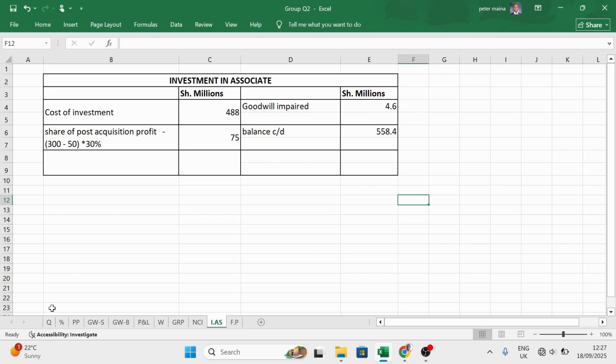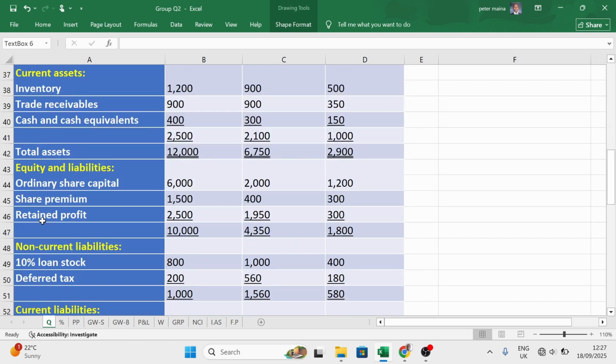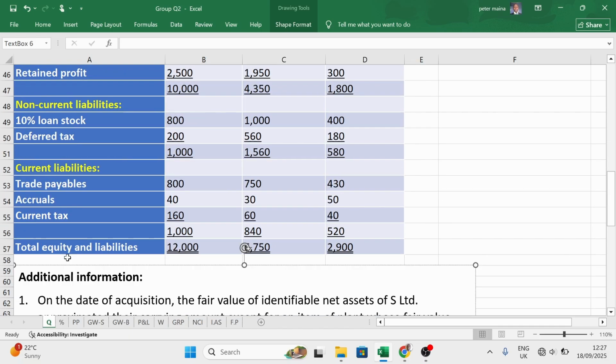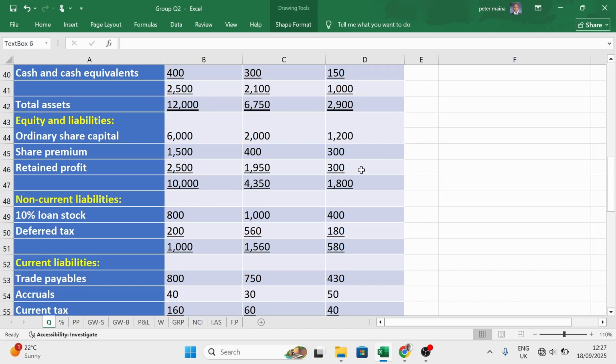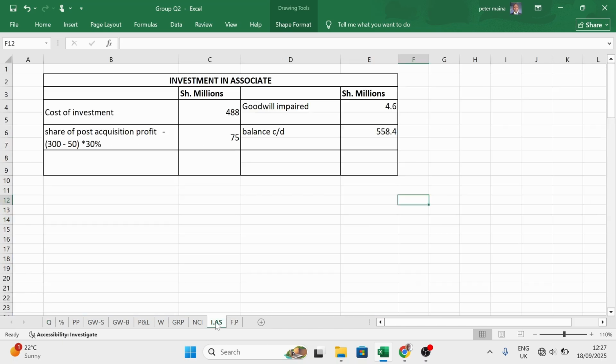So this 300 is what we have in the statement of financial position in the column of B Limited. Because we want post, we have deducted the 50 million, which was the pre-acquisition profit. Because we have said it is a share of post-acquisition profit, we have multiplied by 30%, and that is how we have obtained 75.